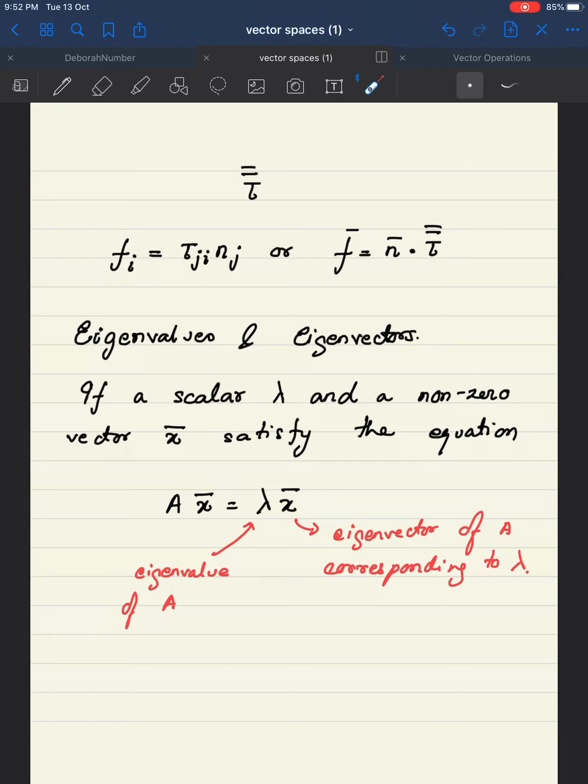Specifically, we often deal with symmetric matrices, where A transpose is equal to A. And there are theorems which tell you that all eigenvalues of a real symmetric matrix are real, and all eigenvectors corresponding to distinct eigenvalues are orthogonal.